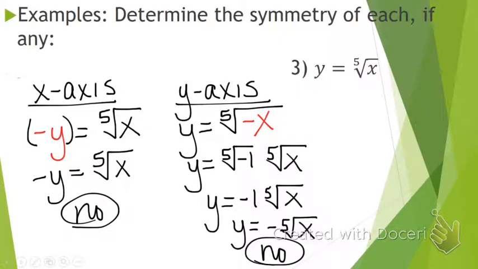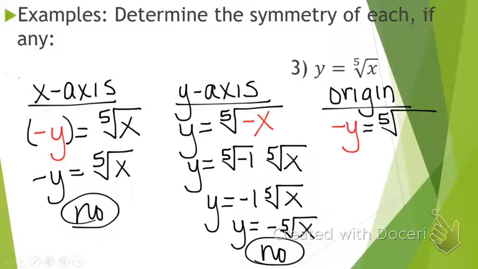Lastly, let's look for the origin. And we're going to replace both. So we have negative y equals the fifth root of negative x. And we already know what the fifth root of negative x is equal to, because we checked that for the y-axis symmetry.